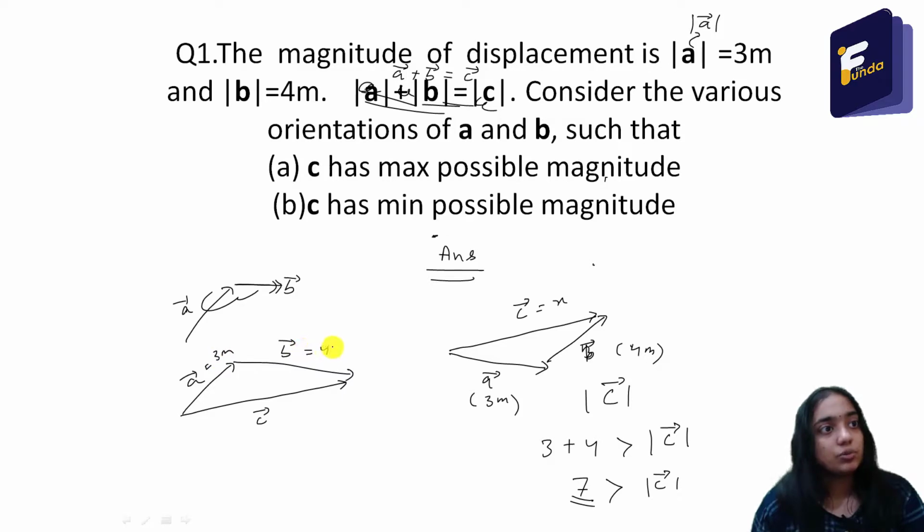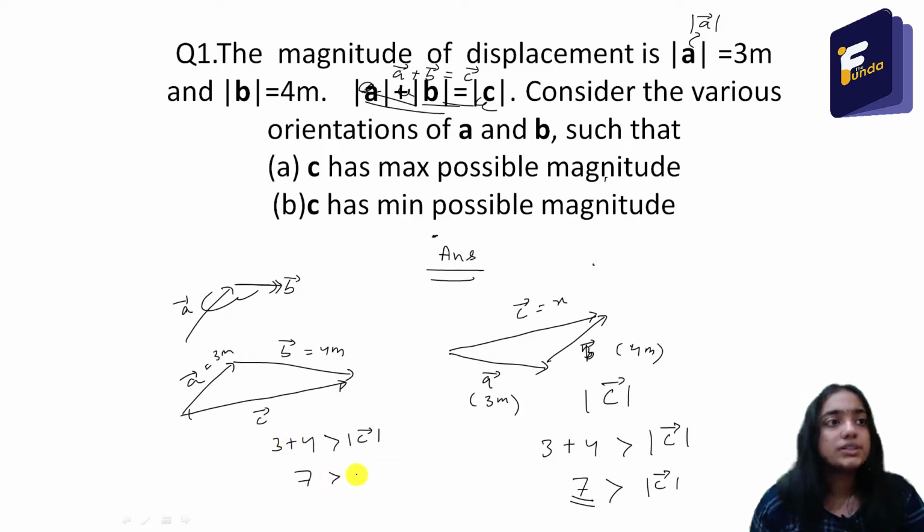This one is given 4 meter. So the length of this arrow, that is the magnitude of C vector, is obviously less than the sum of these two sides, that is 3 plus 4. The magnitude of C vector is less than 3 plus 4.